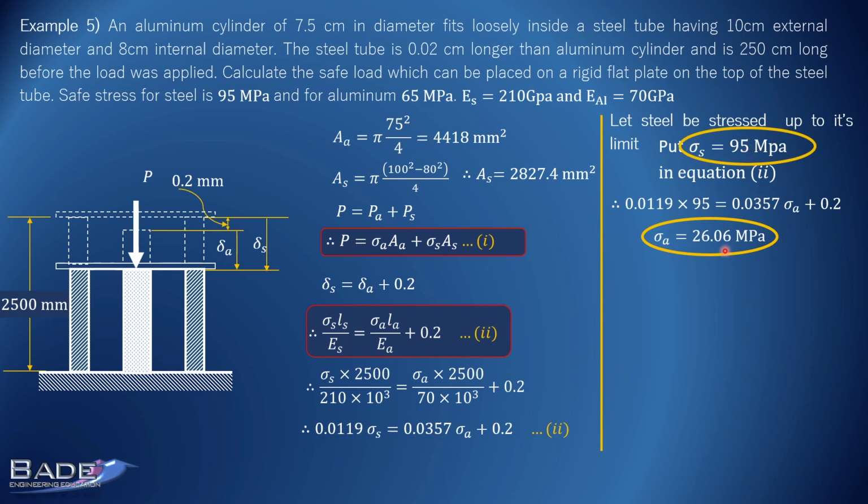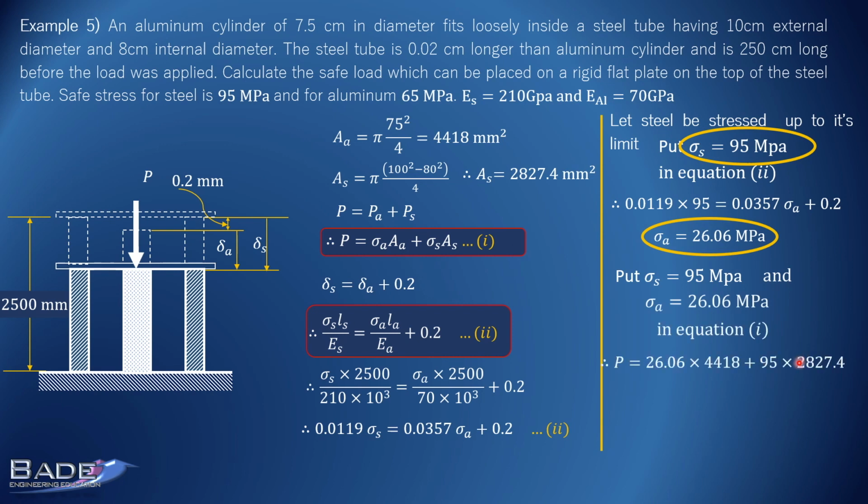These two values of stresses are under limit. This is the safe stress in steel, and 26.06 is much less than the safe stress in aluminum. So this combination is safe.